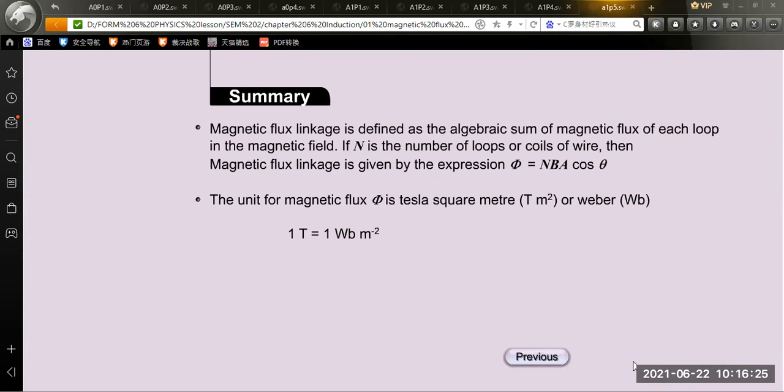And finally, the unit for magnetic flux is Tesla meter square, or 1 Weber. So 1 Tesla is equal to 1 Weber per meter square.